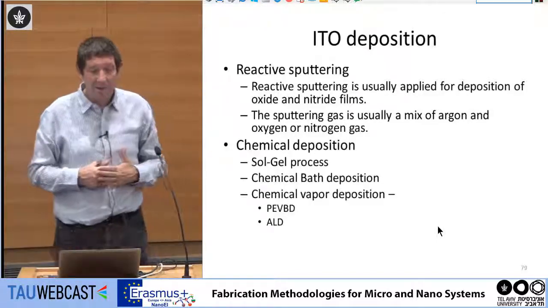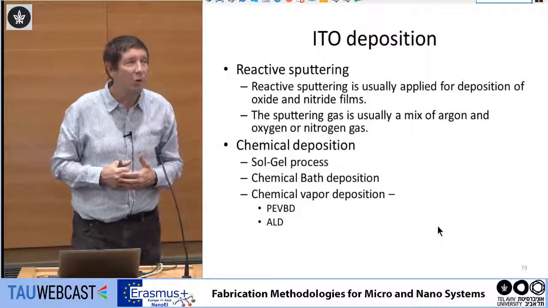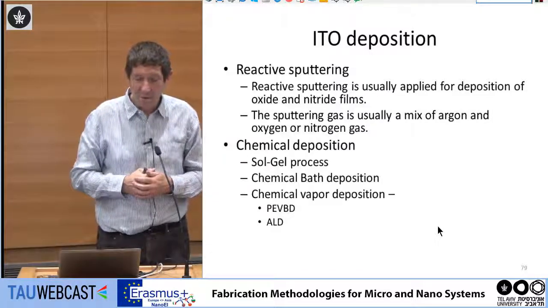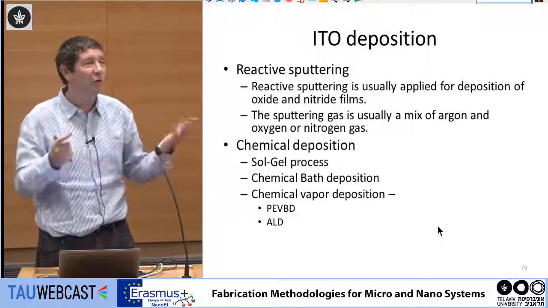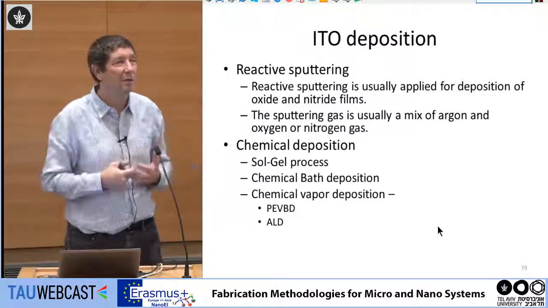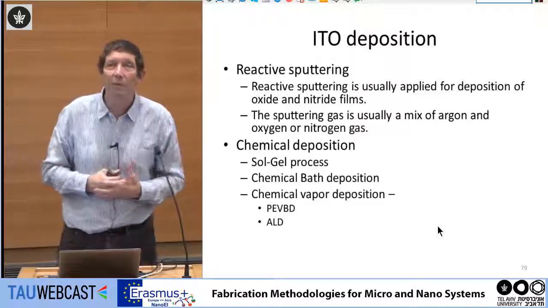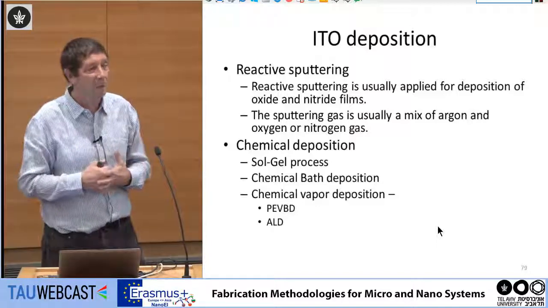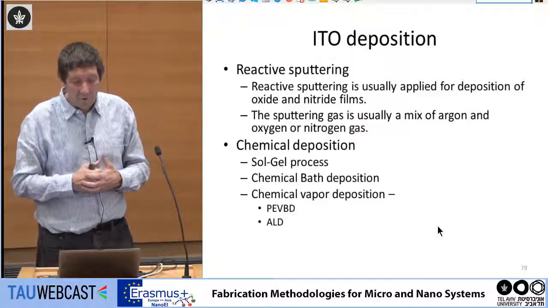The other way is a chemical deposition using the sol-gel process and a chemical bath. In chemical bath deposition, you take a salt of indium and react it with another compound, and you have to reduce the ion into a metal or oxidize it, and then you get the oxide.